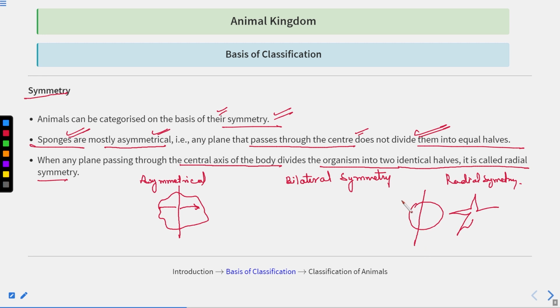You can divide from this plane also, and from this plane also. So along any number of planes you can divide the organism into two equal halves. This is called radial symmetry.